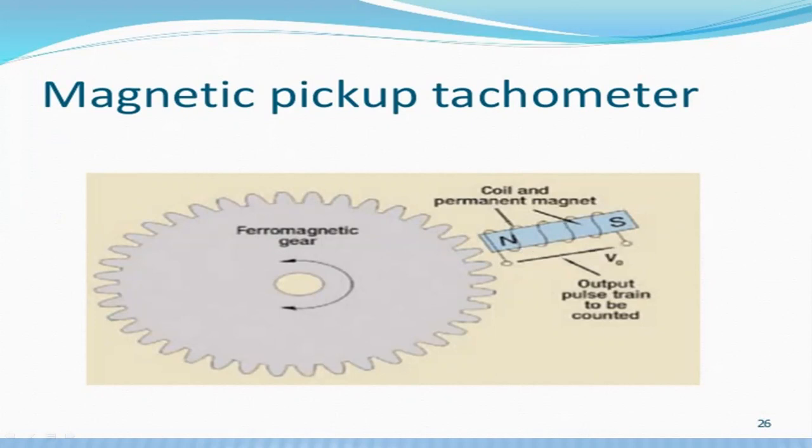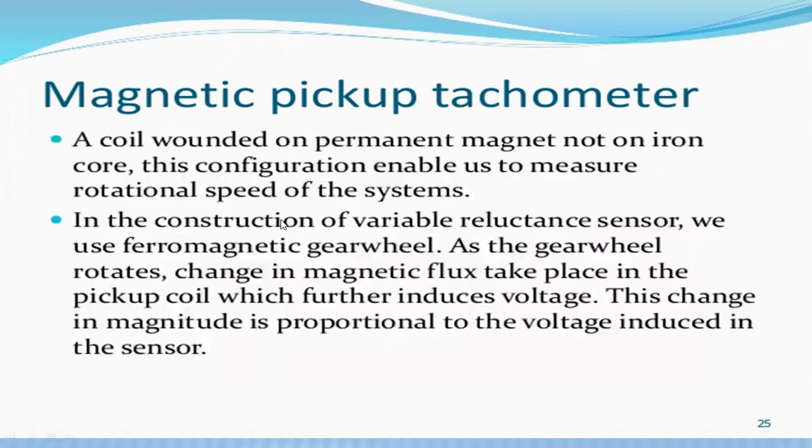These are the constructional details: there is a coil and a permanent magnet. The permanent magnet is wound with a coil, and the output pulse train is to be counted. That is used to measure the output pulse of the rotating element.